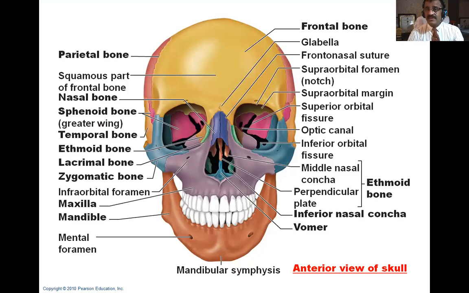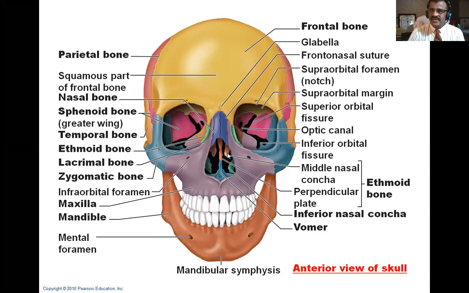So try to remember. For example, let me take you to the inferior nasal concha, which is shown here in green color. When the word inferior comes, that means there should be a superior, because inferior means there has to be something superior. So there is a superior nasal concha up there. Then there is a middle nasal concha here.